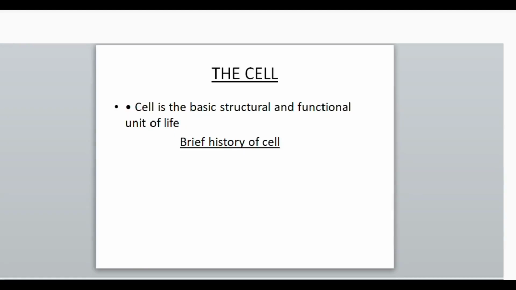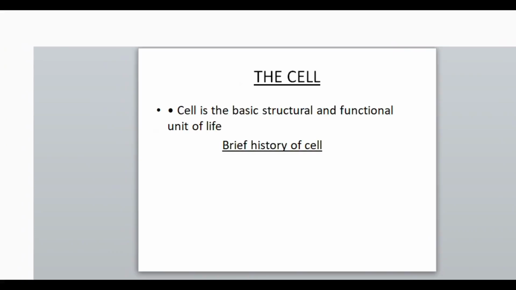Okay, let's talk about the cell. The cell, by definition, is the basic structural and functional unit of life. Now, the keyword there is basic structural functional unit of life.